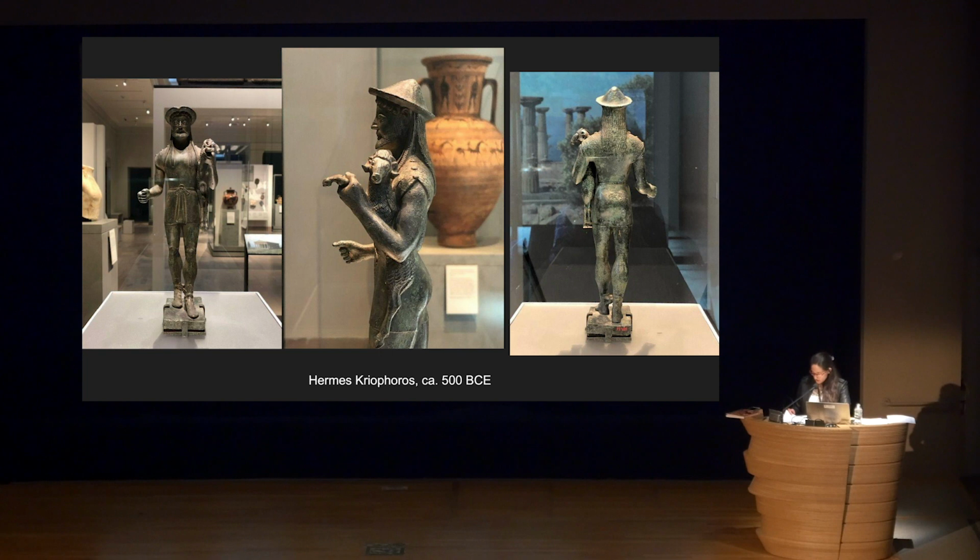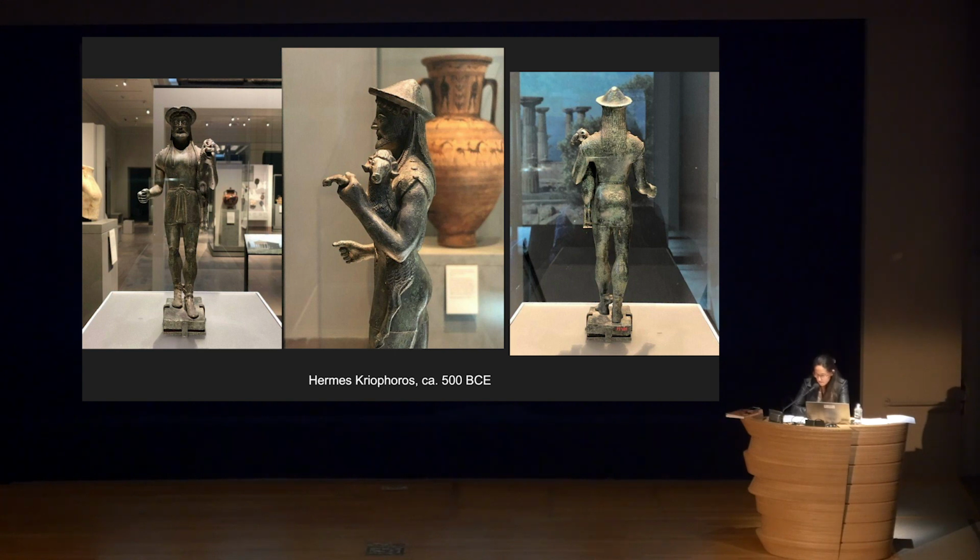The inventive composition breaks with the frontality of archaic sculpture and demands that the spectator move their body to experience it as a fully three-dimensional object. And this is one of the great examples of an object where it was not possible to appreciate it in the round in our previous installation.